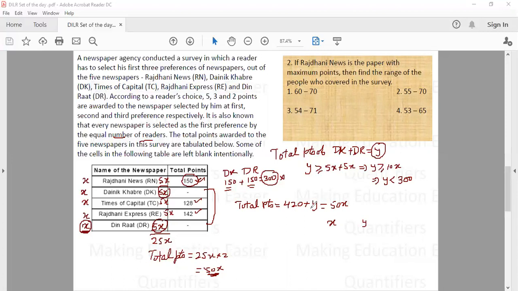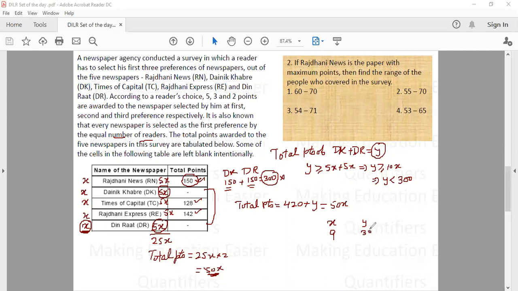Now, I know that if I put Y equal to 30 here, I will get 420 plus 30, 450 by 50, that will be 9. My mistake, sorry. So X is 9.